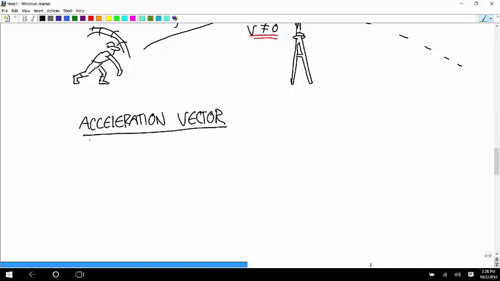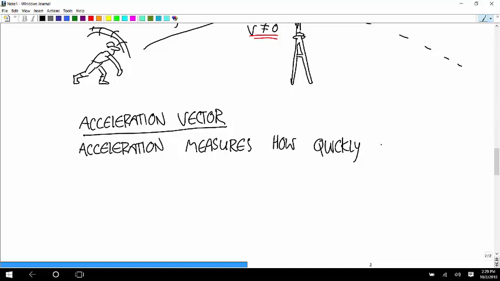Remember that in 1D, and it's true here too, acceleration is a measure of how quickly the velocity is changing. So acceleration measures how quickly the velocity is changing.